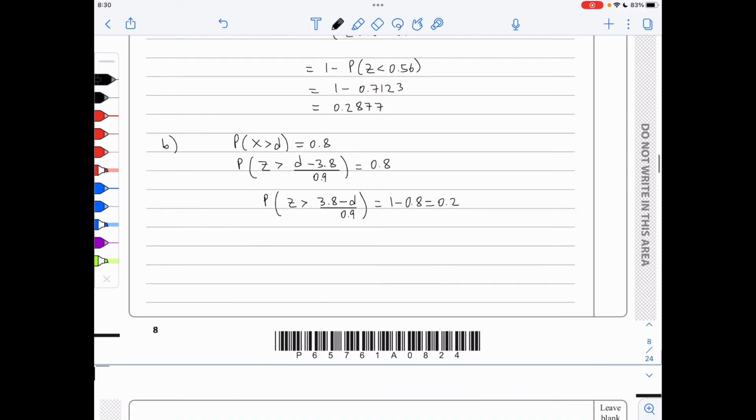From the table of values, we get that 3.8 minus d over 0.9 is equal to 0.8416, and therefore 3.8 minus d is equal to 0.75744, which makes d 3.04 to 3 significant figures.